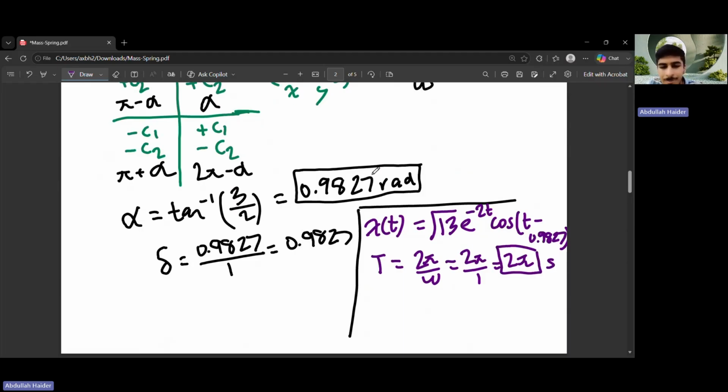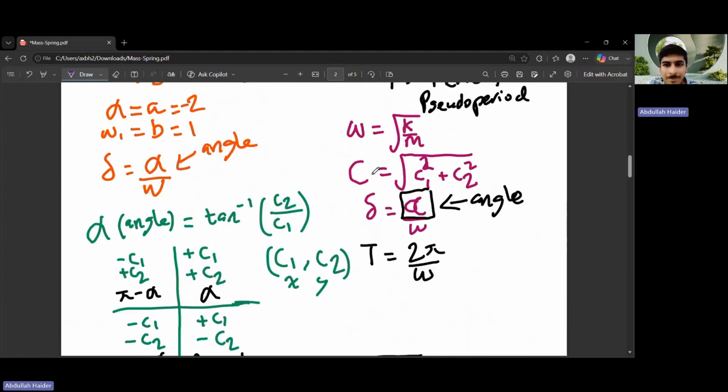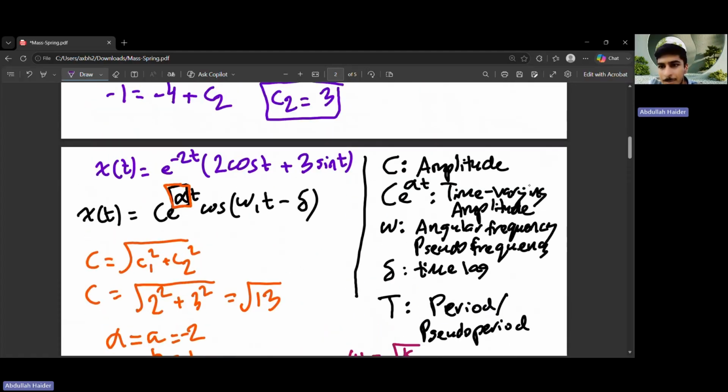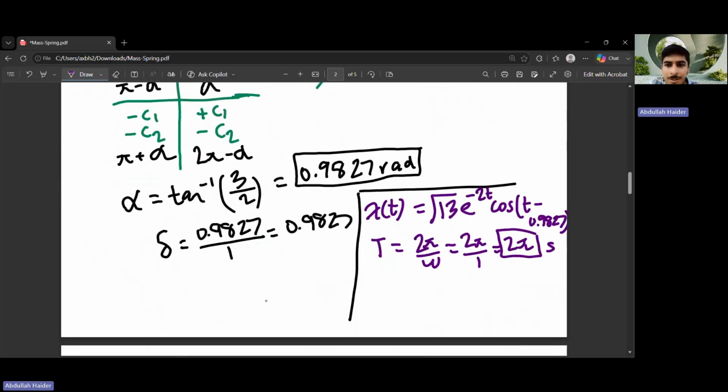It really doesn't matter. And we know we need to find our time varying amplitude. This is already straightforward. It should be C e power alpha t. So your time varying amplitude is equal to radical 13 e power negative 2t.